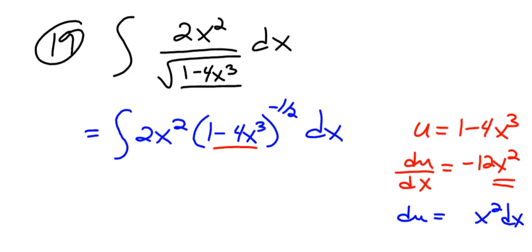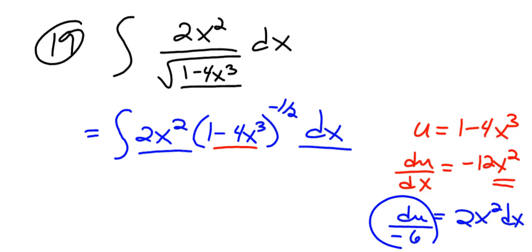So I'm going to multiply both sides by the dx, but I'm going to divide both sides by negative 6 so that I now have du over negative 6 is equal to 2x squared dx.